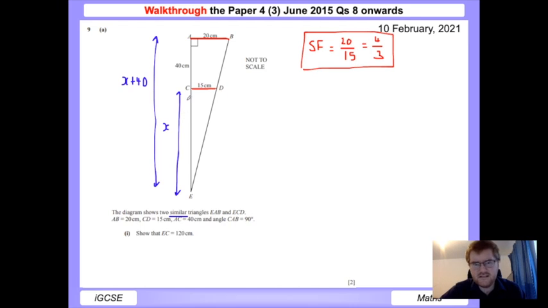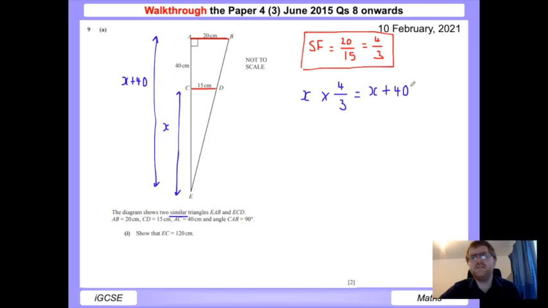So if this length is x, then to go from A to E, we just need to add 40 to x. Now notice these are the corresponding lines of our small triangle and big triangle. So what we're asking ourselves is, if I take x, our smaller triangle, I times it by 4/3, our scale factor, I should then get to my long length, which is x plus 40.